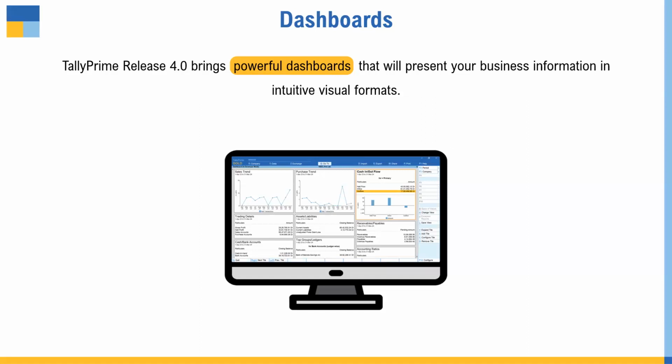They just have to go to one particular page and they will get each and every piece of information there. They can configure their page on their own basis, like if they want to see the sales trends, purchase trends, cash inflow. However they want it, they can configure their dashboards on that screen and save it also, and whenever they want to access it, they can access it.